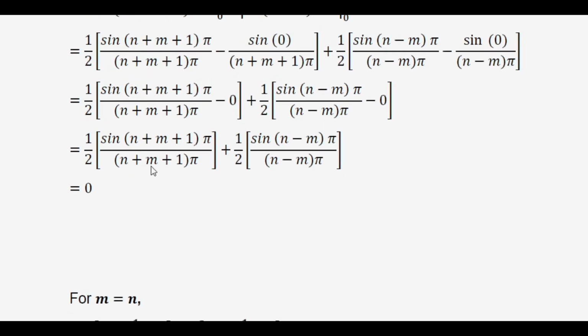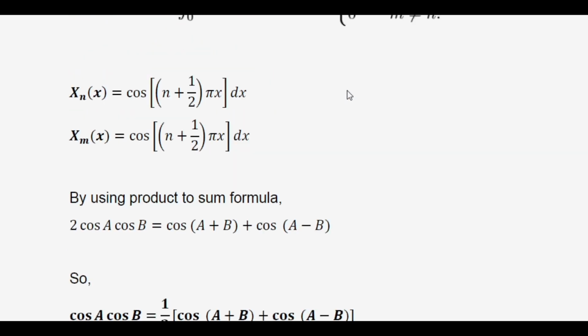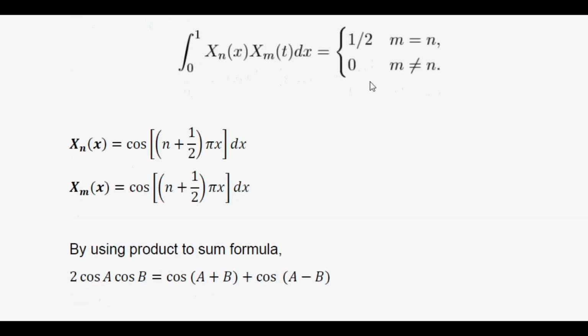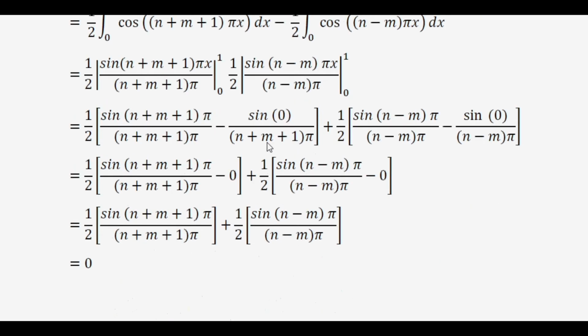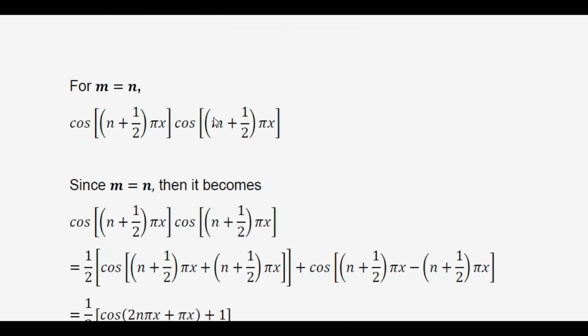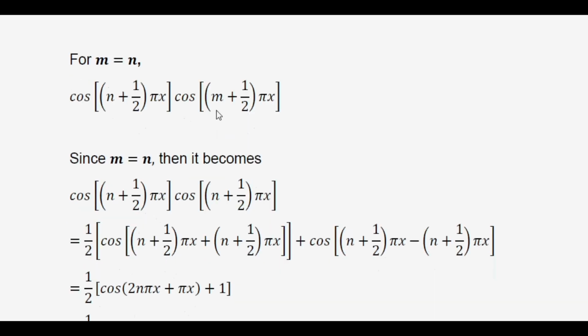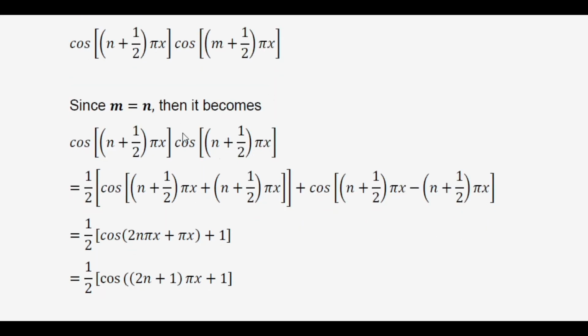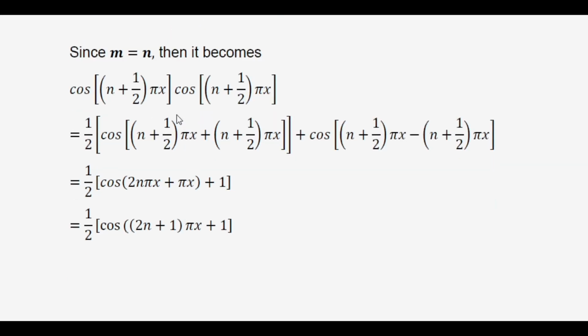For solving m equal to n, which is 1/2, we just plug in all the previous data into the equation, which should be cos((n + 1/2)πx) cos((n + 1/2)πx), because we replace m with n, since the question asks us to find m equal to n.